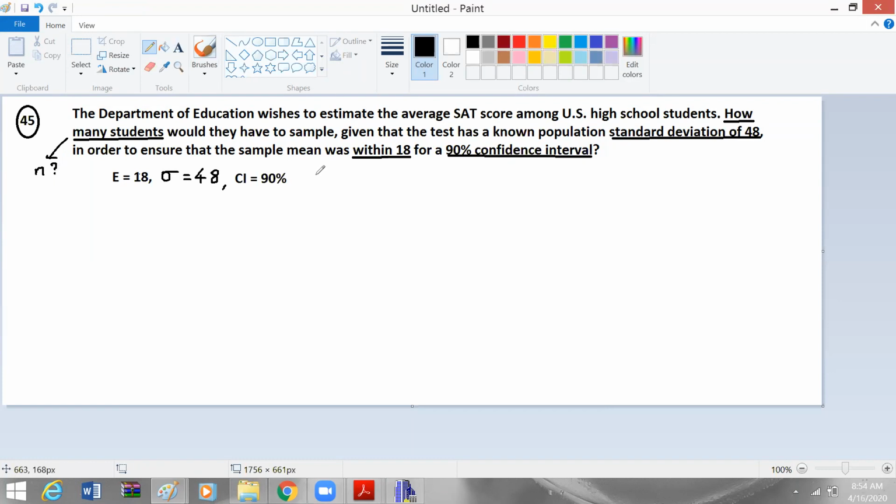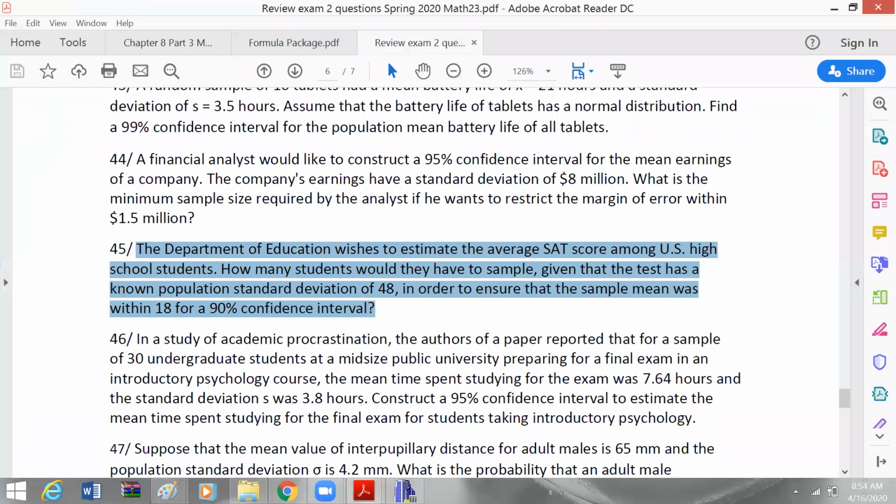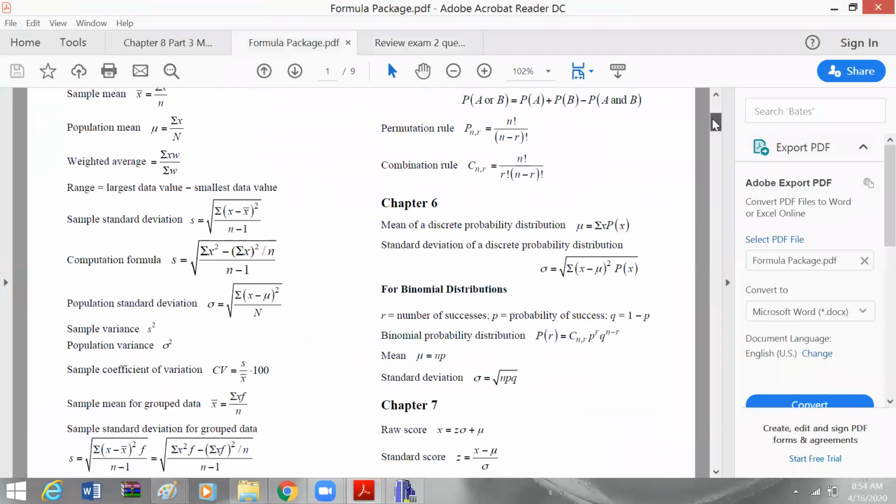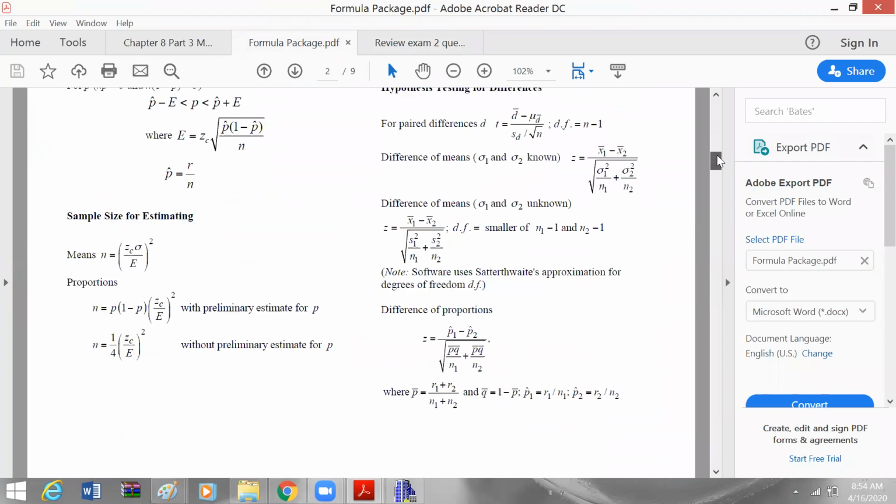Okay, for this question, n equals z times the standard deviation over e, squared. It's always like that. If you ask me whether we have to memorize this formula, the answer is absolutely no. We have the formula package on the second page of chapter 8, and this is all we need to look at.